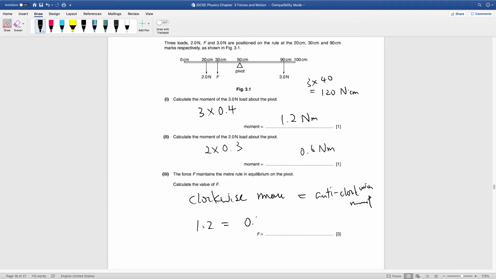1.2 equals 0.6 plus F times 0.2. Your final answer is 6 Newton. Why is it 6? Now, 3 Newton, 3 Newton. Clockwise, like a steering wheel.